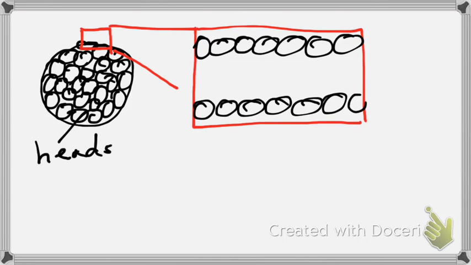Again, what do these circles represent? The heads. And then attached to each head are two tails. So each head has two tails on it.